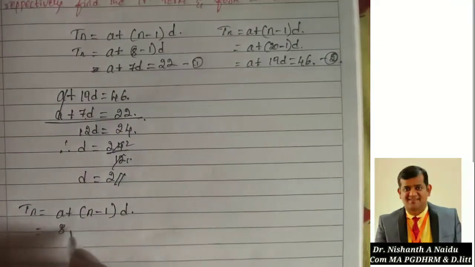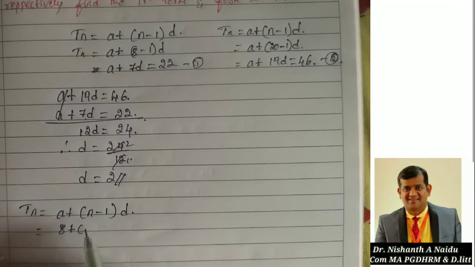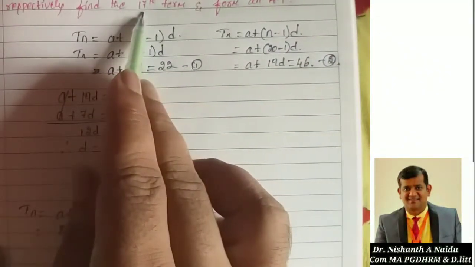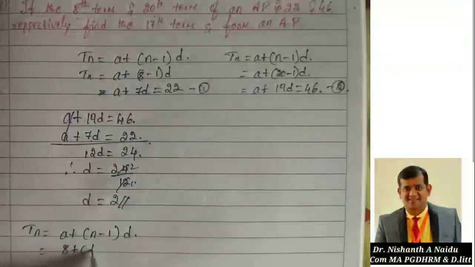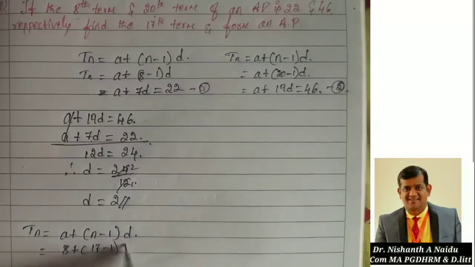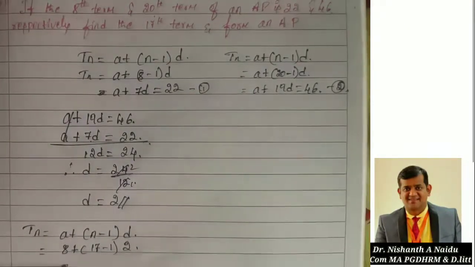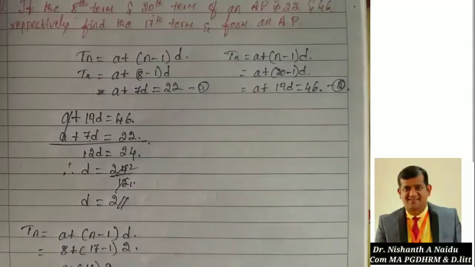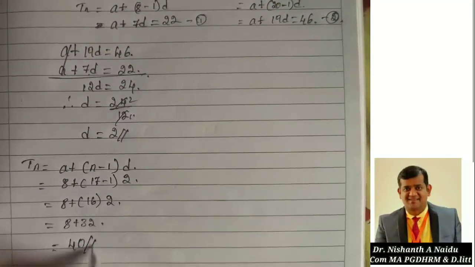So 8 plus, the 17th term we have to identify. 17 minus 1 into the D value, which is 2. So that equals 8 plus 16 into 2. 16 twos are 32. So 8 plus 32, therefore the value is 40.